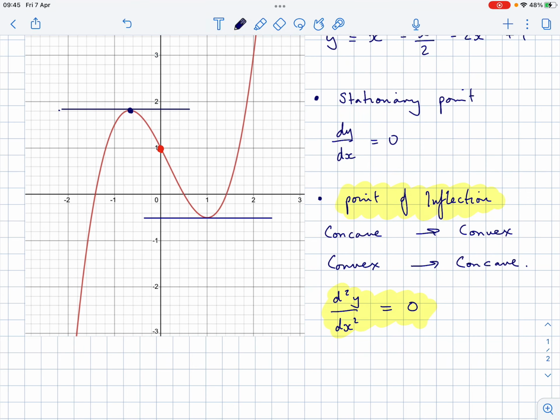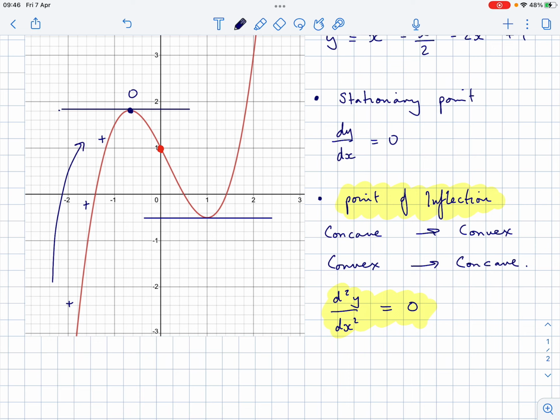At this point of the graph, the gradient is really positive, it's very steep, and as I travel along this graph, it becomes less steep, until we get to that point which is 0.